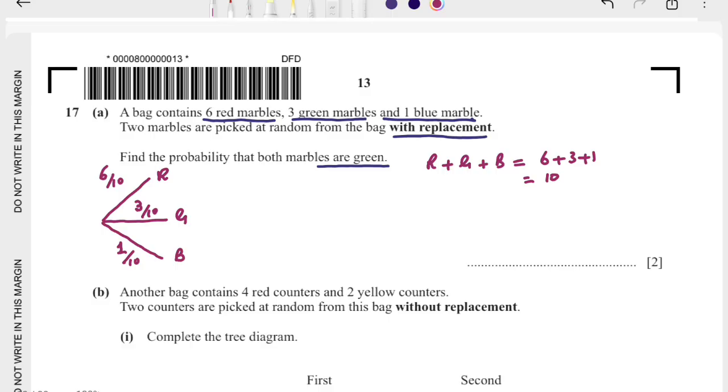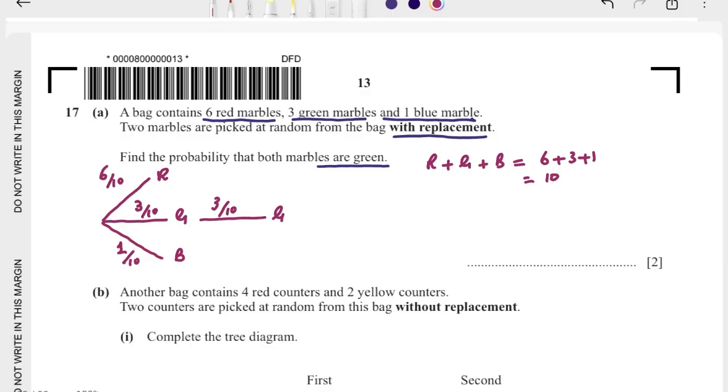Now, according to the question, find the probability that both marbles are green. We have to make one more branch of green, and this would also be 3 by 10, as this is with a replacement case, so we don't have to draw anything from the bag.